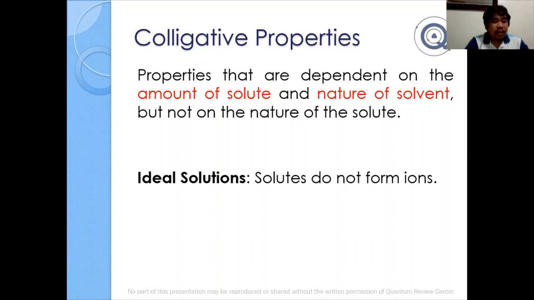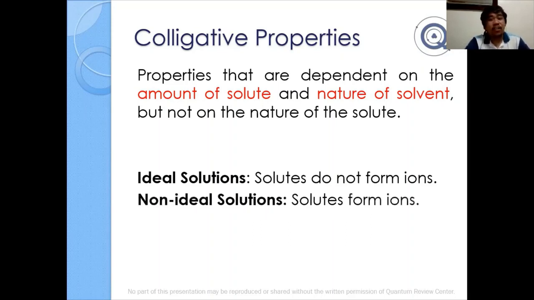Okay, so hindi nagpo-form dapat ng ions para hindi magkaroon ng heightened interaction. And so actually, this is the proper term, heightened. So in order for us not to have a heightened interaction, dapat mahina yung interaction between the solute and the solvent particles, which is, an example nga, is ion-dipole interaction. Okay? Kasi pag nagkaroon nun, hindi na yun ideal. That is for non-ideal solutions na solutes form ions.